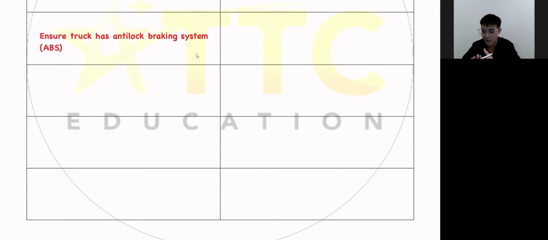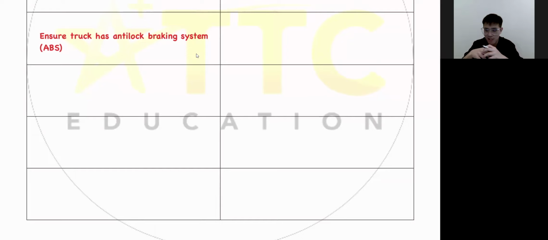When the car moves forward and you lock the tires, the car will want to continue moving forward because of the inertia. And this is called skidding. It's called drifting, basically. It's very dangerous because when the car skids, you cannot control the direction of the car. You cannot control where the car wants to go.